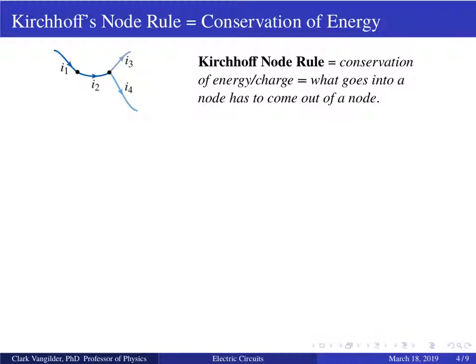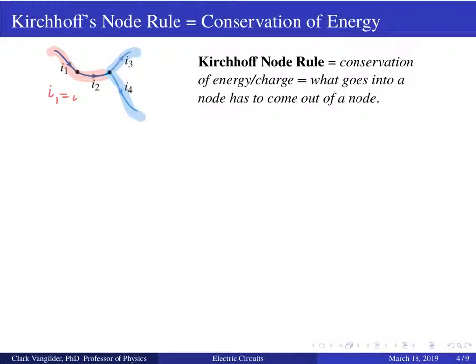Here's what goes in, and here's what goes out. So current 1 would be what preceded that first little node. So really what you have here is I1, oops, get my colors consistent.